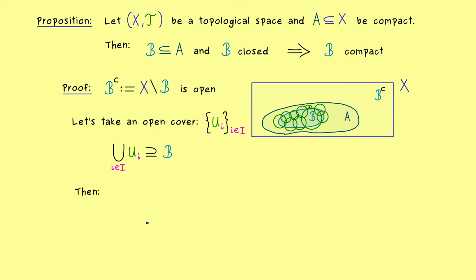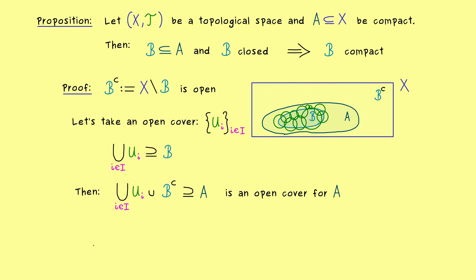In fact, this is not hard at all, because the complement of our set B is an open set as well. In other words, we can simply add it to the union to get a new open cover. Namely, this covers the whole space X and therefore also the subset A. So what we get here is an open cover for the set A.